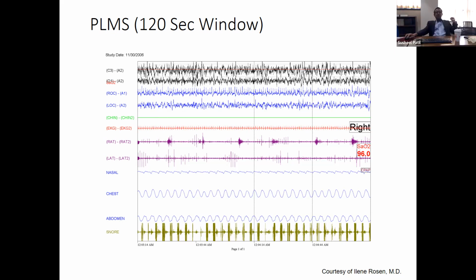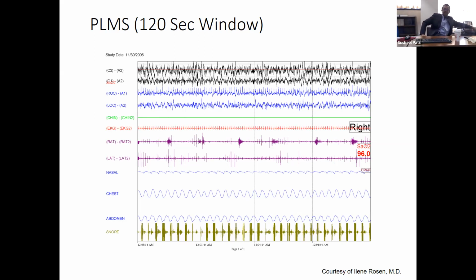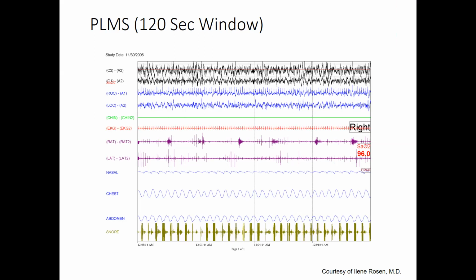On this one, that's not a confusing part of it, but these are all lawyers sitting around eating popcorn talking about this. John is correct: if there were only three, you would say this is not a train, but there are PLMs, and you count the number of PLMs and still divide by the total time of the study.